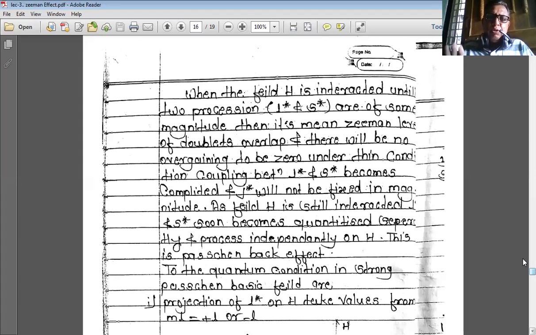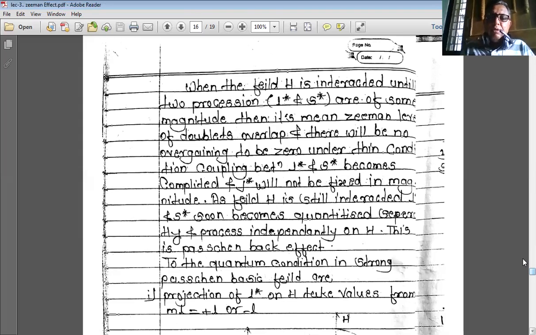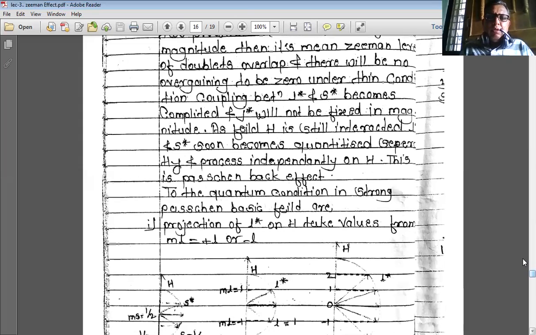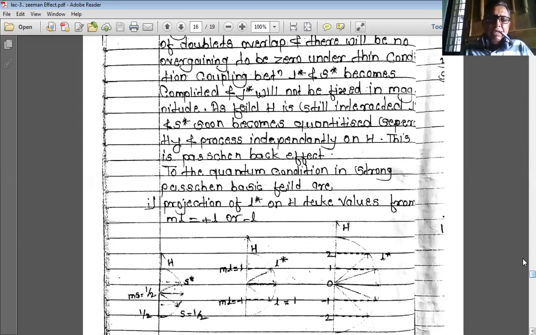L star and S star soon become quantized separately and precess independently about H. Okay, this is the Paschen-Back effect. Did you understand? So the quantum conditions in the strong-field Paschen-Back effect are: the projections of L star on H take values ML equal to plus L to minus L. This is the figure here.